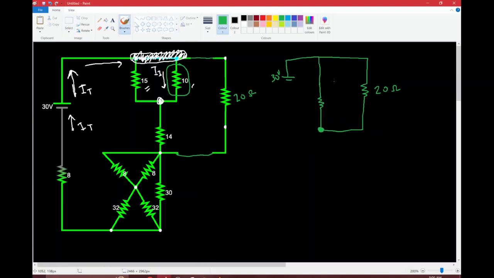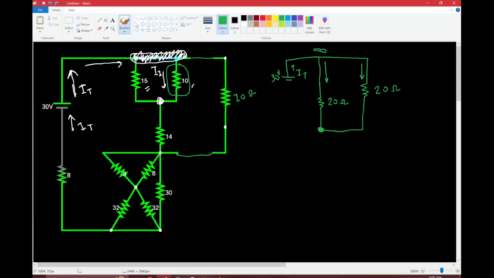So the reason why I did this is because I want to figure out how much of this initial current, the I total, so the total current, goes down this way and how much goes down this way. When I know how much goes down this 20 ohm path, then I'll know how much is left over here.